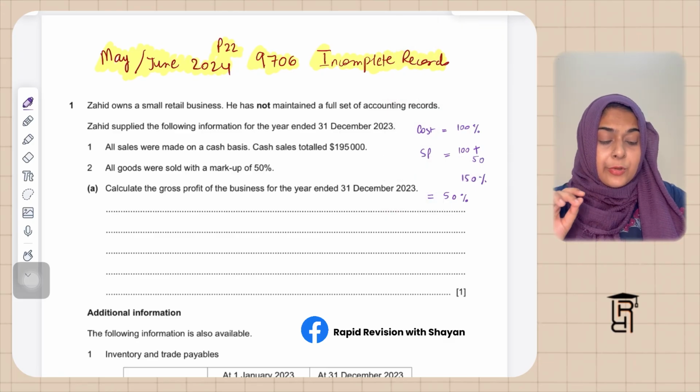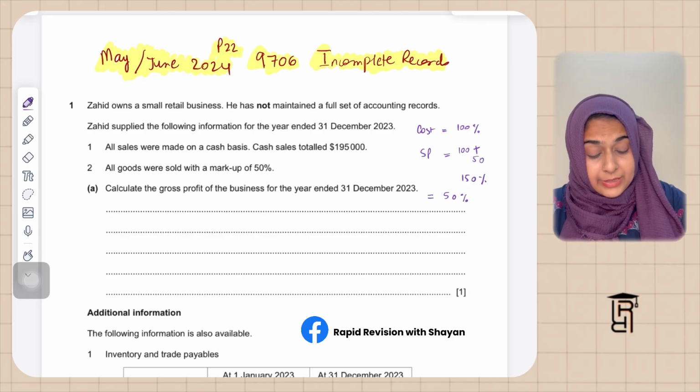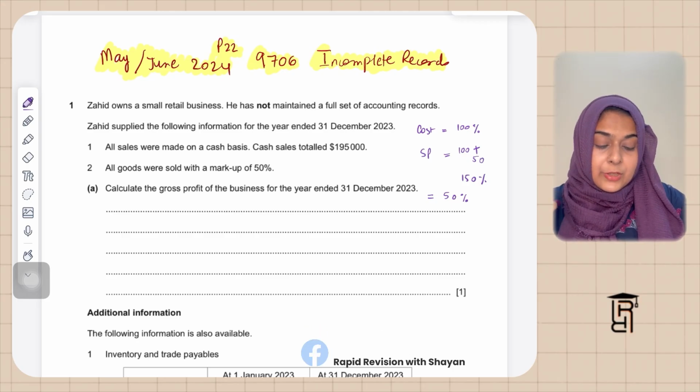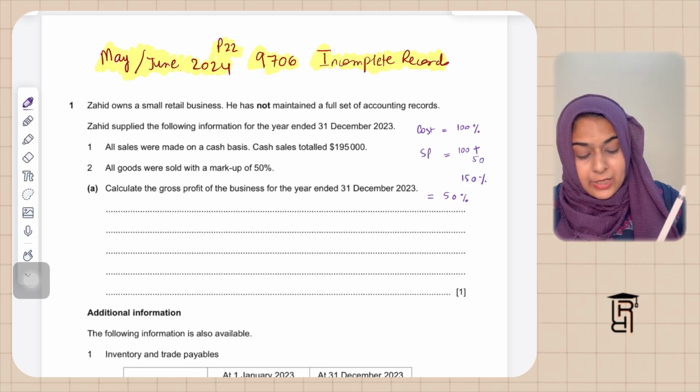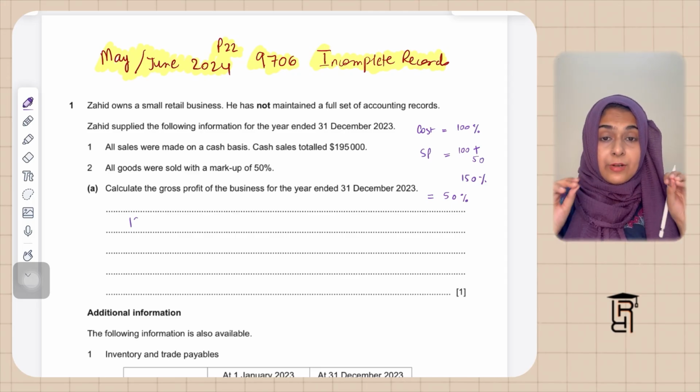Now in the first part, they're saying calculate the gross profit of the business for the year ended 31st December 2023, which is pretty simple. You can do it through cross multiplication. So 195,000 is my revenue, which is 150%. I'm going to write here what is 50%, X is 50%, because I need to find out gross profit.